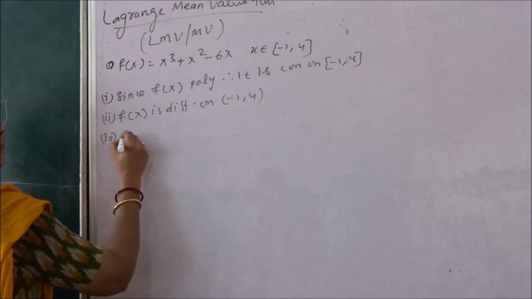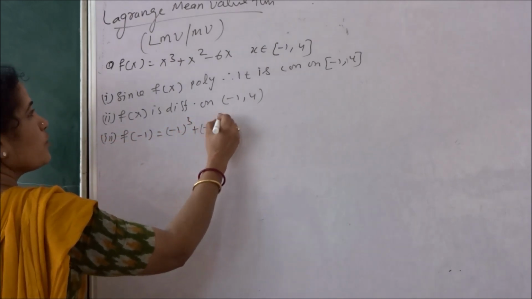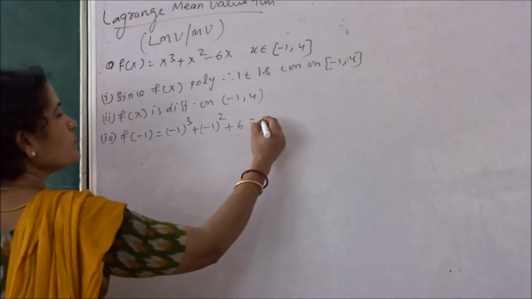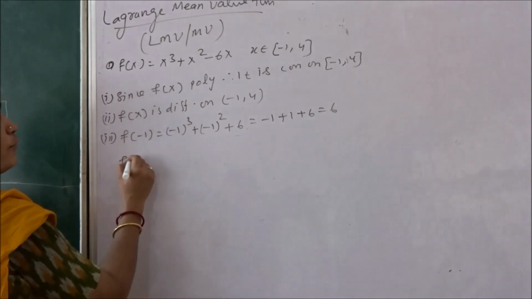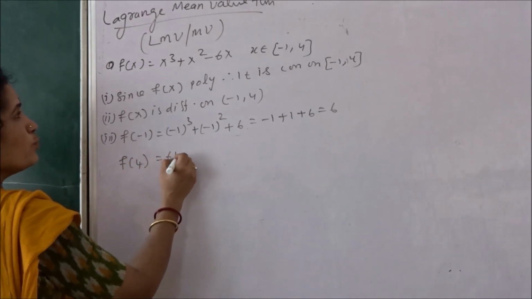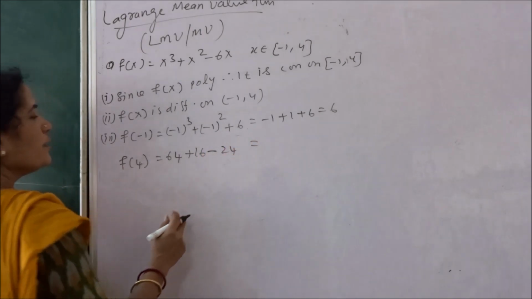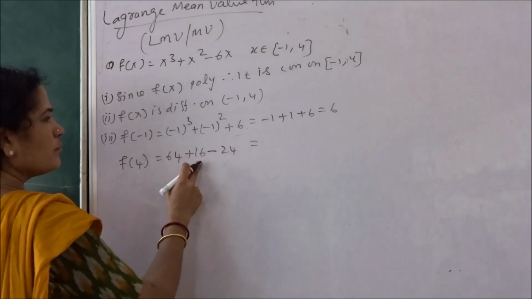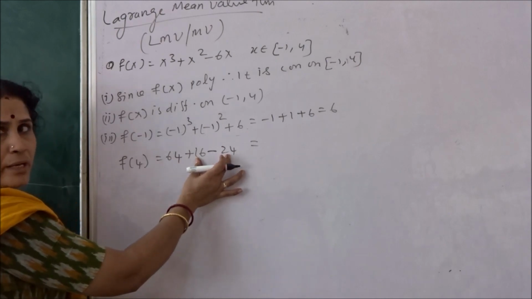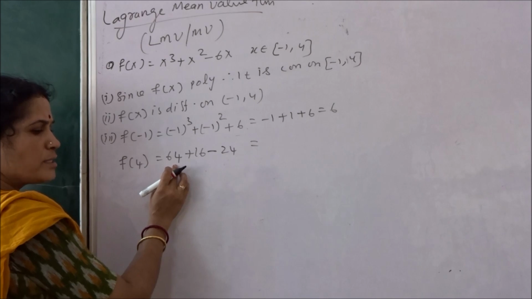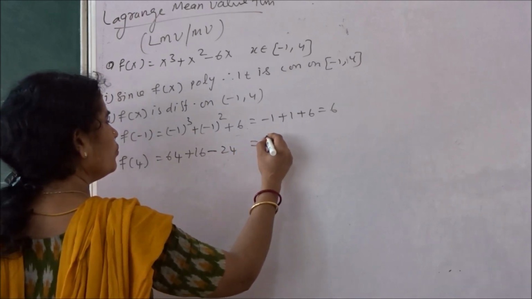Now f of a, f of minus 1, is equal to minus 1 cube plus minus 1 square plus 6, so minus 1 plus 1 plus 6, that is equal to 6. Now I am finding f of 4: 4 cube is 64 plus 16 minus 24, which gives 56.